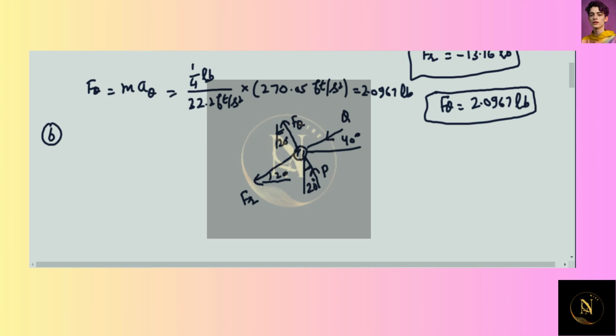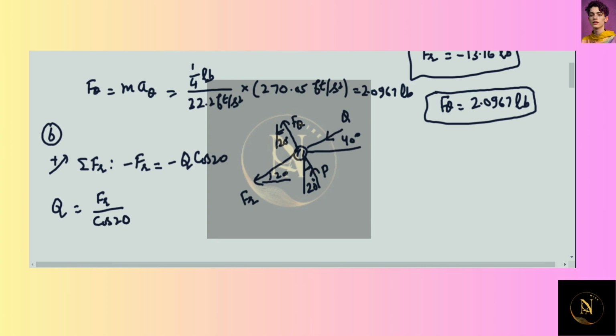Taking summation of forces along radial direction it will be minus Fr is equal to minus Q cos of 20. So Q will be Fr upon cos of 20.